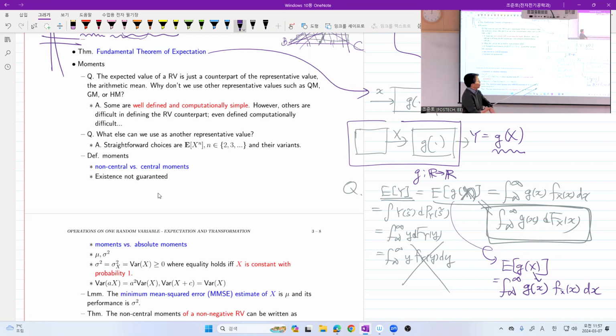Got it? So this is the power of this theorem. It's not a definition, it's a theorem. Even I do not prove it.